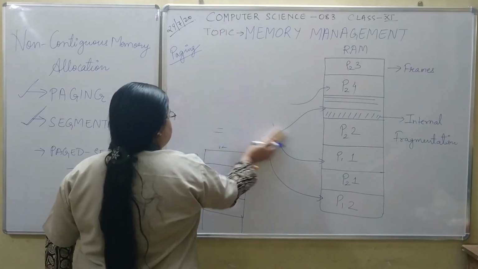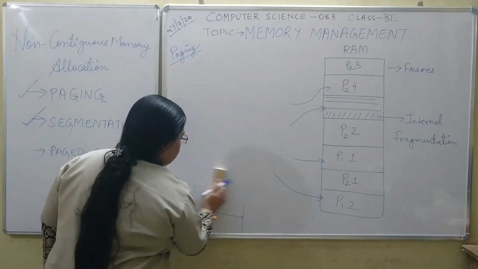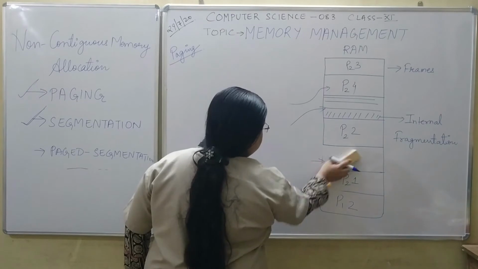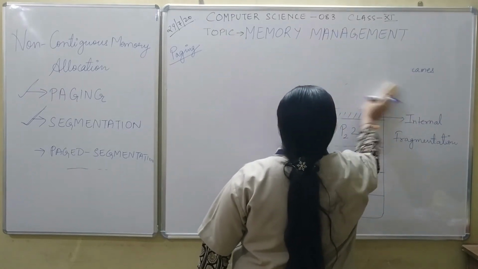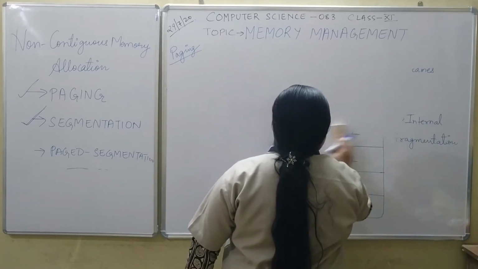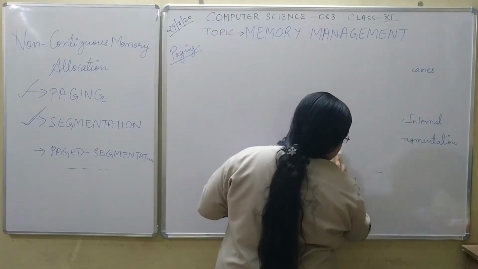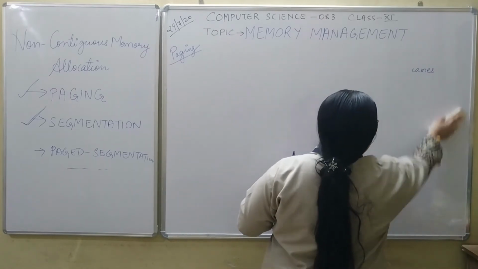Students, we will not be discussing these topics in much detail because that would go beyond the scope of the syllabus of your textbook. Now in segmentation, what happens is, it uses the user's view of a process.